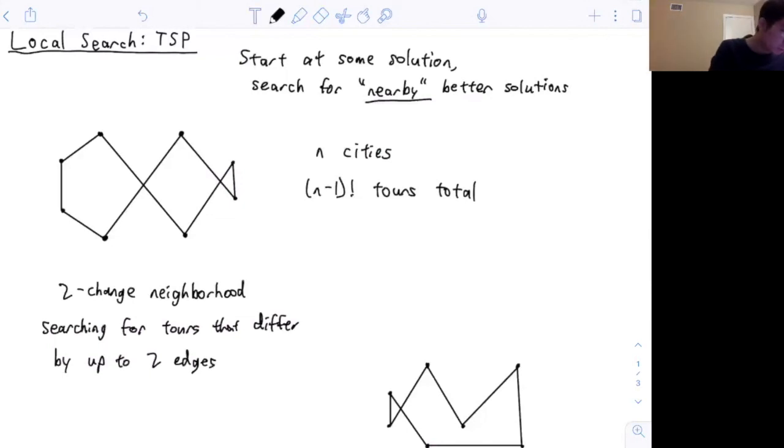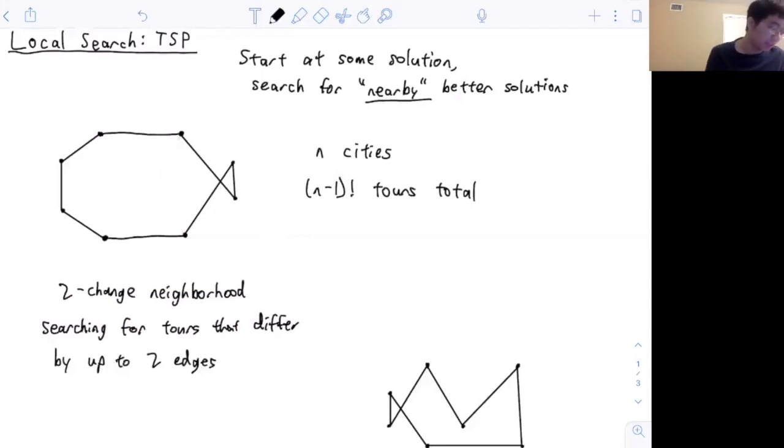So let's say we start off with this solution. You can see that it's not very efficient. It has all of these crossovers. But one modification we can make is, okay, we have these two edges here, which if we replace with edges that go straight across this way, then that would be an improvement.